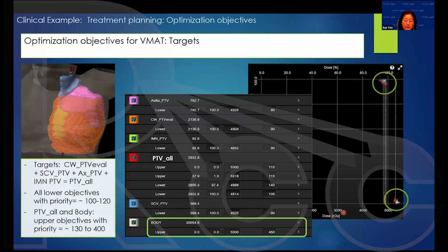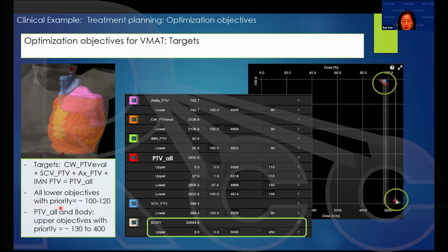But for VMAT optimization, what are our optimization constraints? First, the target includes chest wall, supraclavicular, axilla, and IMN, and we generate PTV all. And this is all the PTV area. PTV has a lower objective. This is our typical; these numbers are all relative. If we want to bump up by a factor of 2, you can, or lower by a factor of 2, that's fine. And you develop your own range of priority.